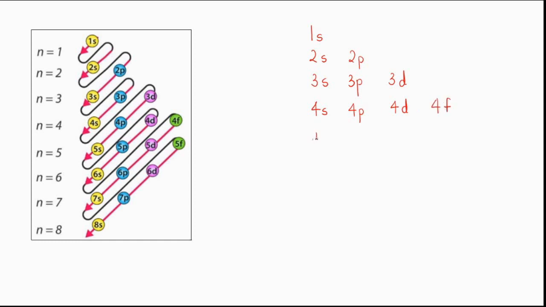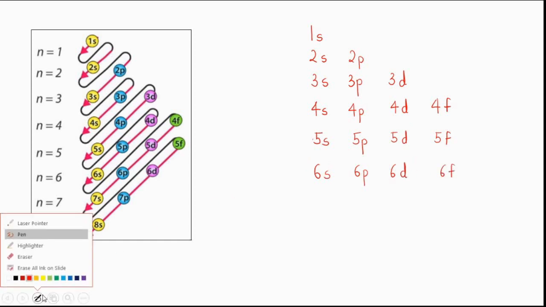Then we'll go on to 5s, 5p, 5d, 5f, right? Then we have 6s, 6p, 6d, and 6f.